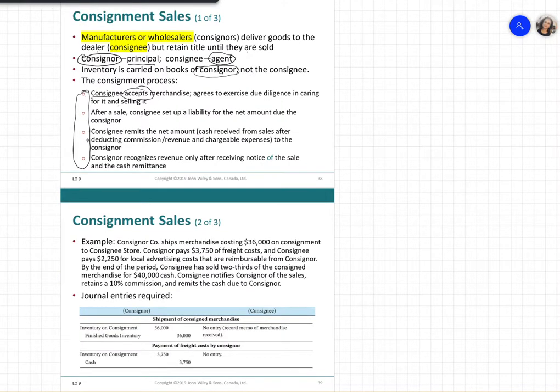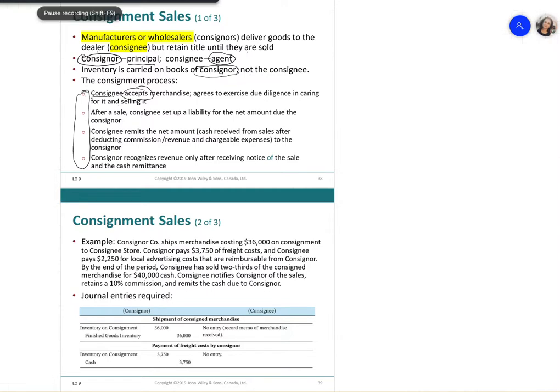We're going to follow these 1, 2, 3, 4 steps and see when we recognize the revenue. In this case, the consignor company ships merchandise costing $36,000 to the consignee on consignment to the consignee store. That's our first thing. At the time they ship the goods, you have to do the entry under the consignor and the consignee.